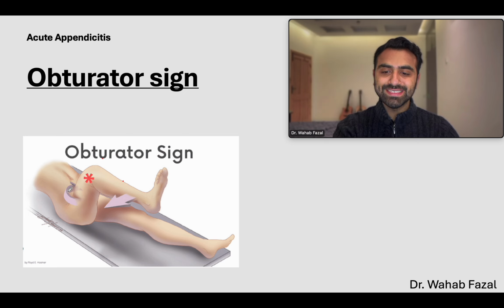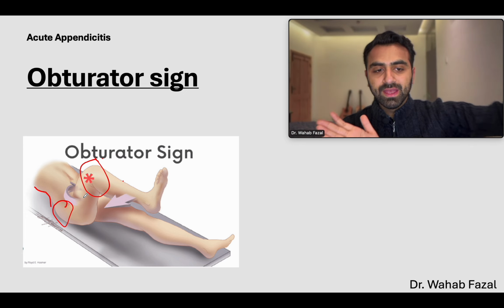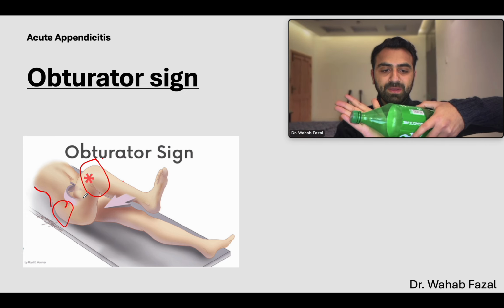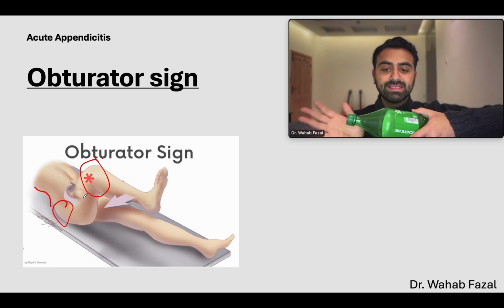So in the obturator sign, you ask the patient to lie down on their back. You pick their right knee up. You ask them to make this whole leg flaccid. So what you do is, at the hip joint, you internally rotate. Let's assume this is the patient's leg, and towards here, towards the screen, is their pelvis.